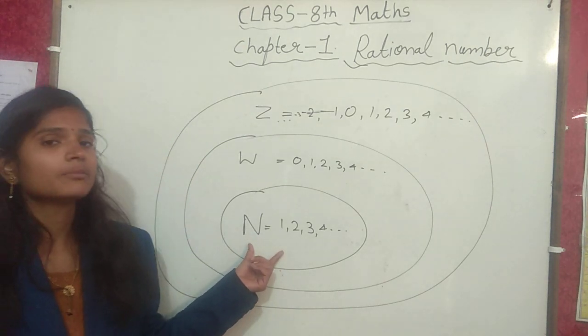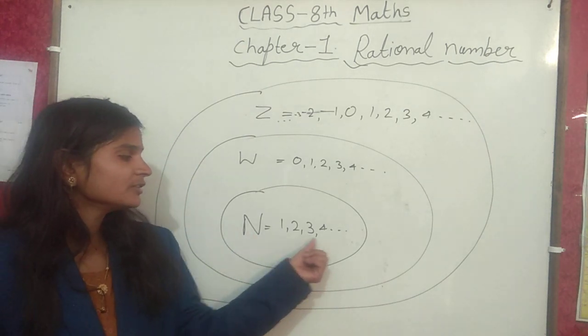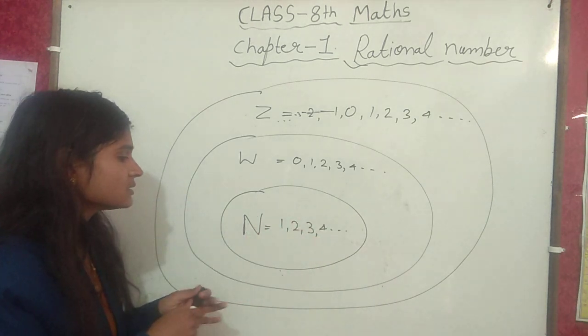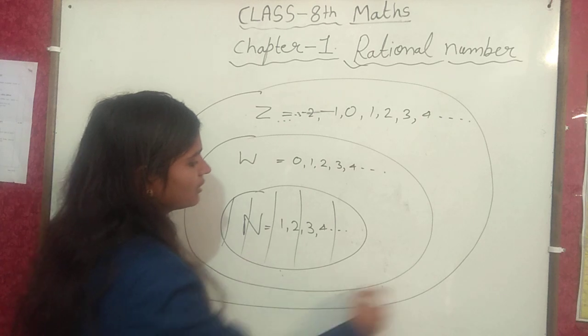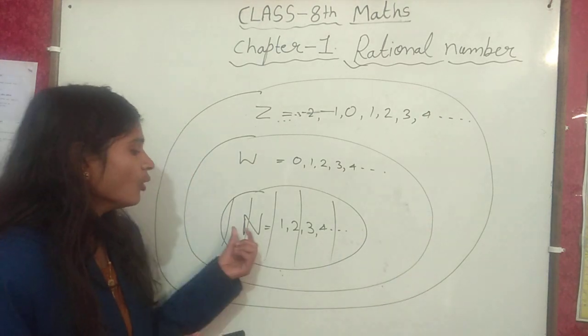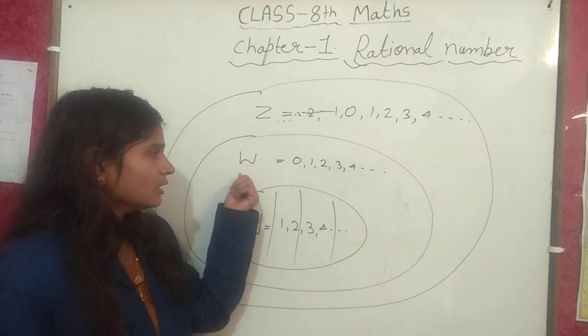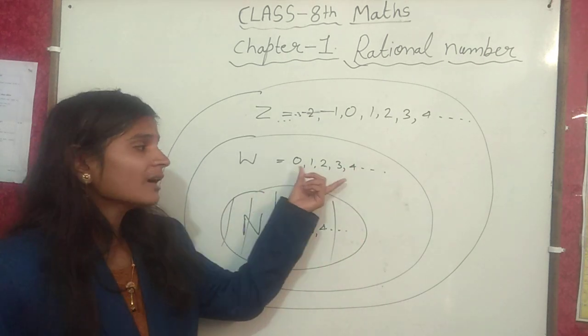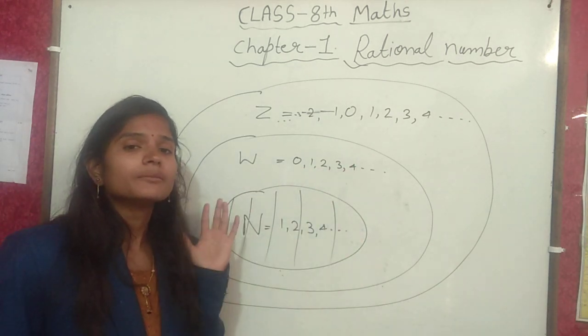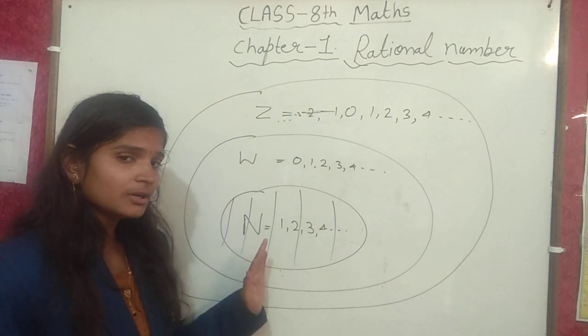You can see on the board, natural numbers are 1, 2, 3, 4, and so on. This circle is under this circle. Means you can say natural numbers are included in the whole numbers, but whole numbers are not included in the natural numbers. Okay, got it?